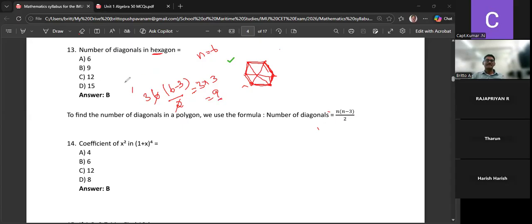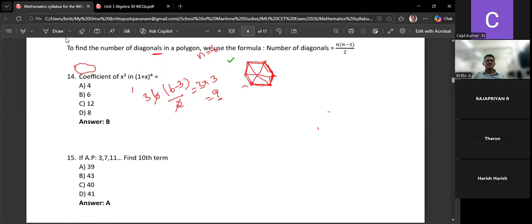The number of diagonals is 9. So the correct answer is B, right? You put n equal to 6 in that formula. So you should remember the formula for finding the number of diagonals, which is n into n minus 3 divided by 2.